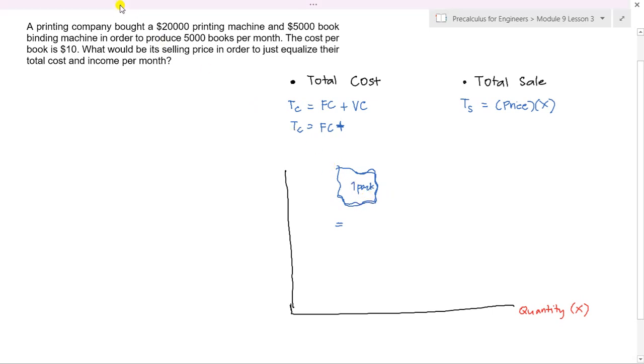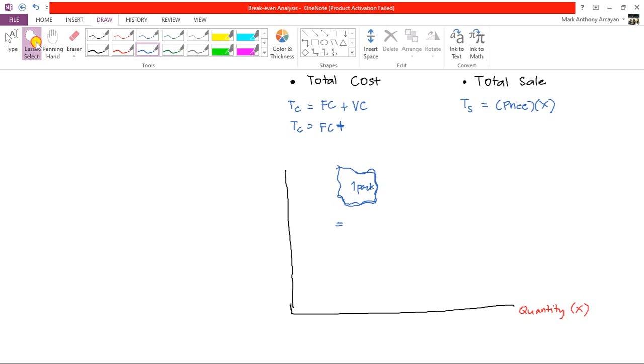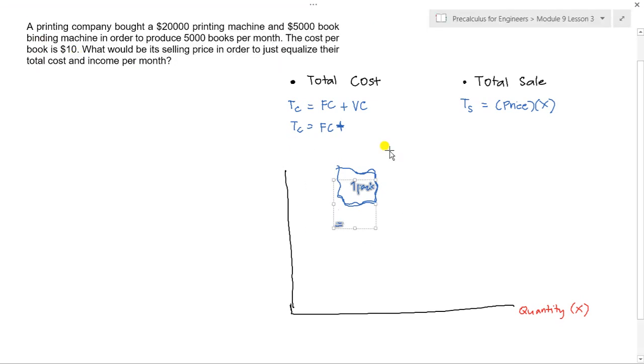So therefore the formula for variable cost is the number of quantity that you produce, that is x, multiplied by the cost per quantity.